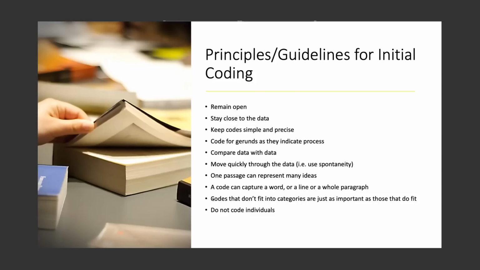Because if you code the entire individual, in my view, you unfairly categorize them into a very superficial labeling. You don't go into the nuance of their particular experience in the detail that that individual deserves. Simple as that. And again, this really applies to interview studies.